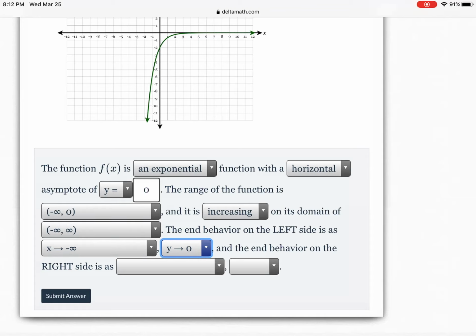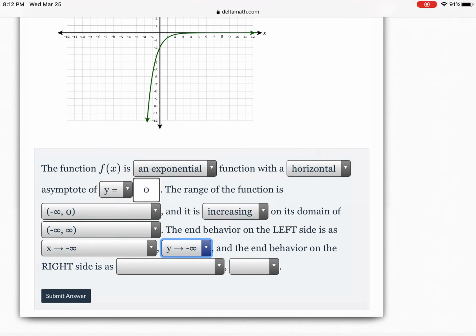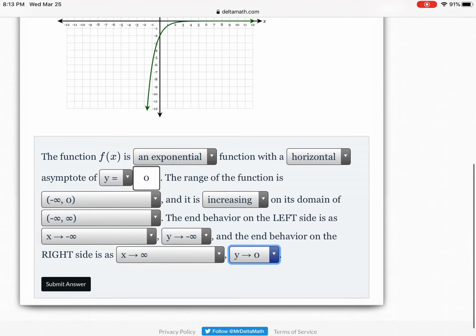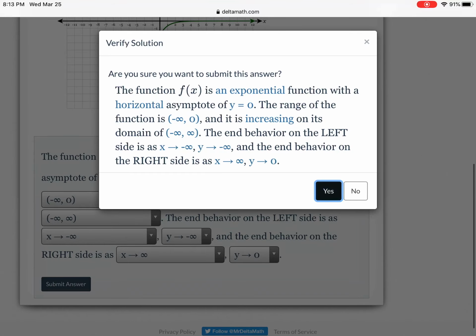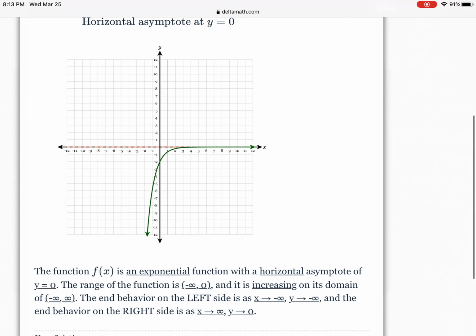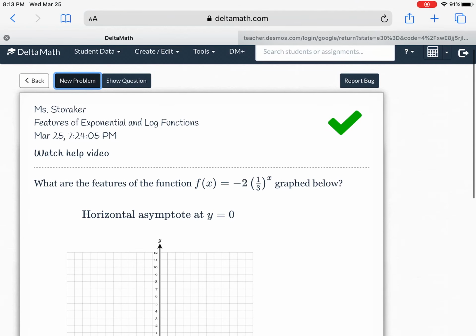The end behavior on the right side, and y goes to -infinity because it goes down and down and down and down because I'm still looking at the left. So then on the right side, x goes to infinity and y goes to 0. Yes. Okay, so it tells me that all of my information is correct, and then you would go to the next problem.